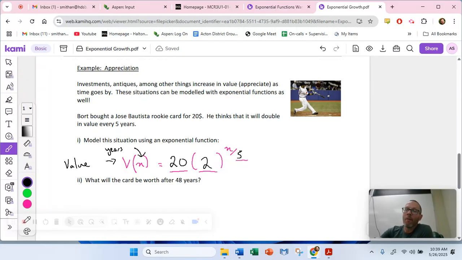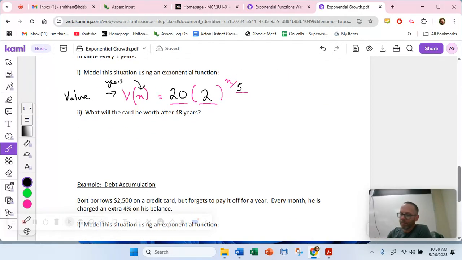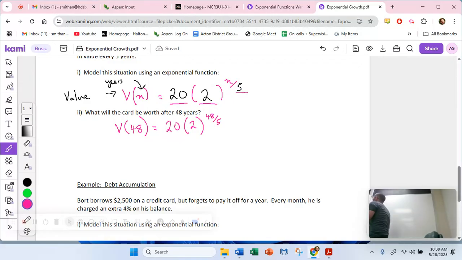Now, actually working with this equation, my anticipation is that not everybody was able to do it. So 48 years. We're plugging in 48. This one's a bit different. In this question, we have an extra divided by 5 in the exponent. Unless you're really good with brackets on your calculator, my suggestion for evaluating this is to do it in 2 steps.